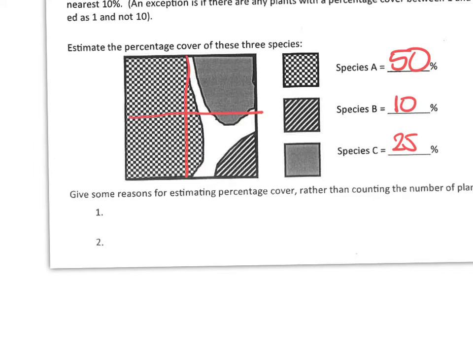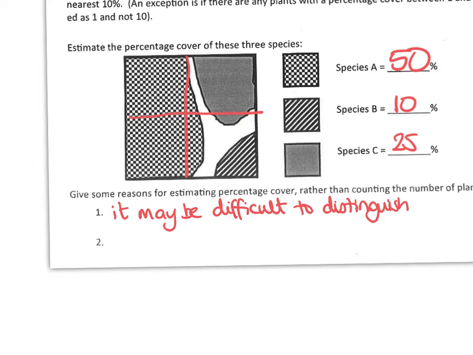Reasons why you would do this. First of all, it may be difficult to distinguish individual plants. For example, grass. You haven't a clue how many grass plants there are in a field.